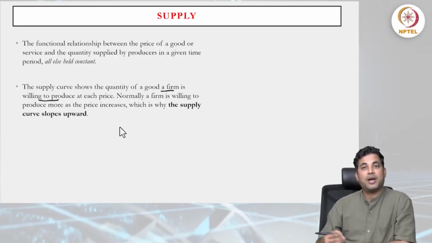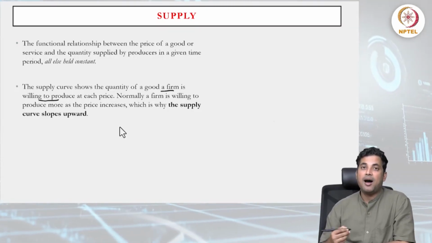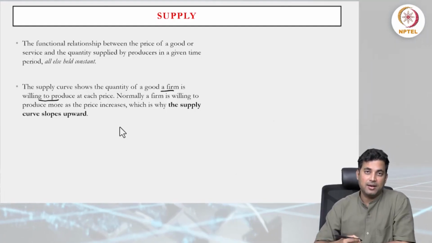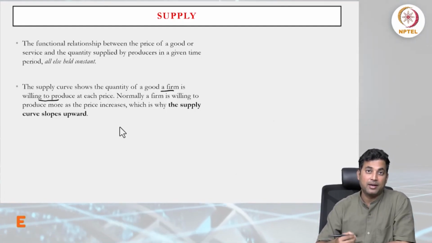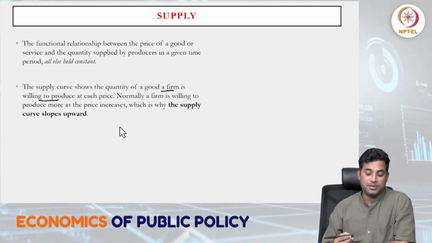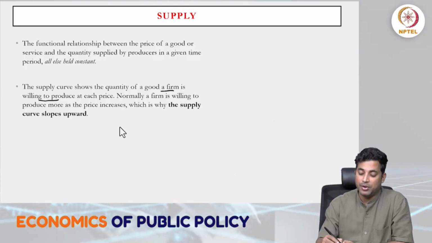And therefore as price increases, producers will be highly motivated to produce. Unlike the demand function, where as price increases the quantity demanded decreases, in the case of the supply curve, as price increases, producers will be producing more.